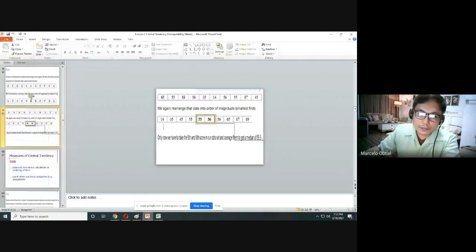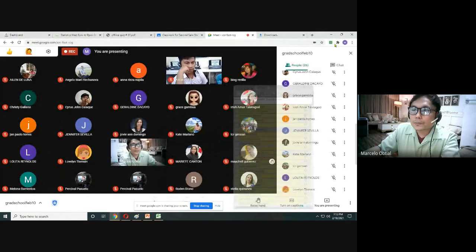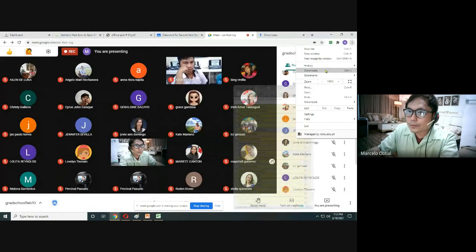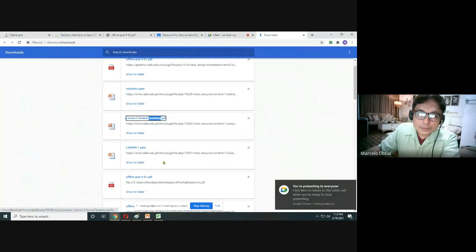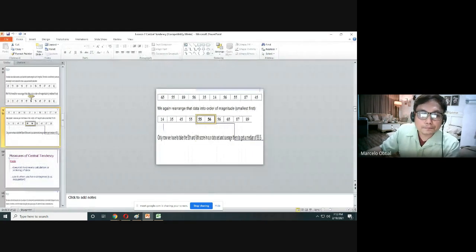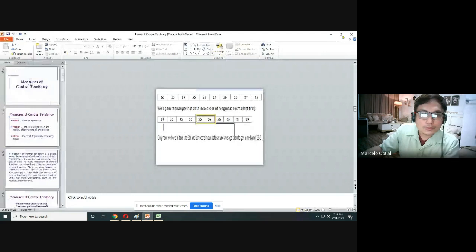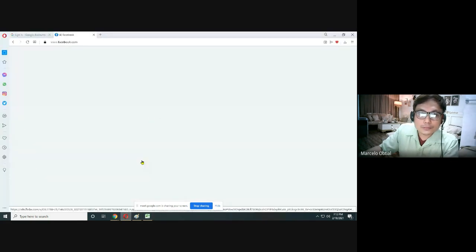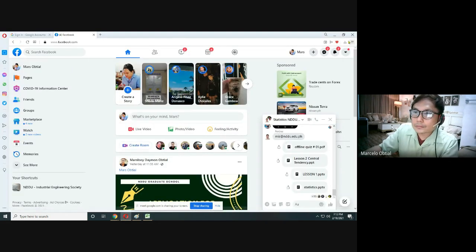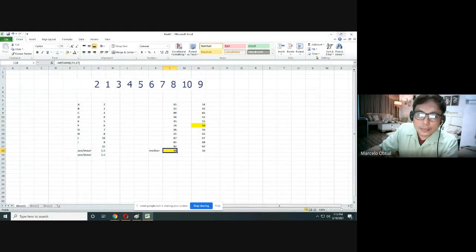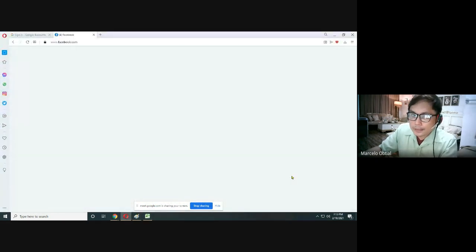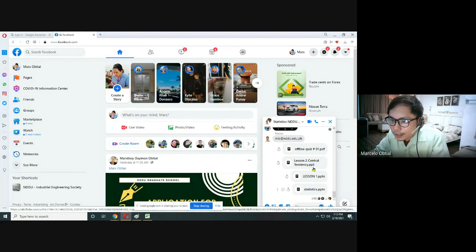Check ko lang talaga, baka nakalimutan ko. Wait lang, nandoon pala sa ating GC. Nasa second central tendency dito ata.